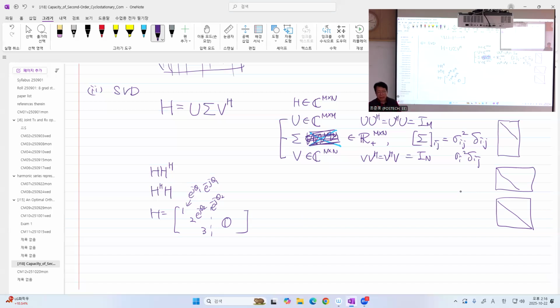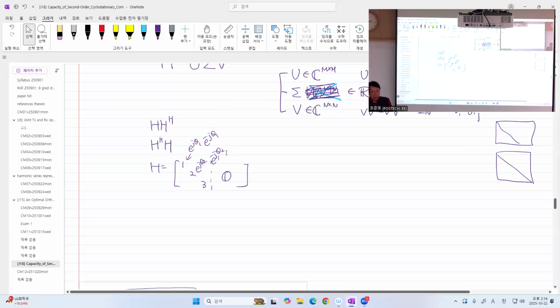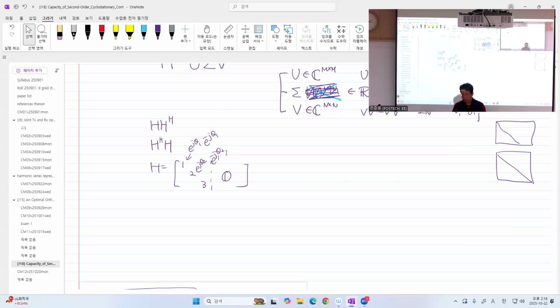In that sense, in some cases with distinct singular values, you may have an essentially unique decomposition. And if you do not want to be that precise, then you may just consider subspaces spanned by each singular vector. In that case, you may say that the singular value decomposition provides a unique set of subspaces and corresponding singular values.